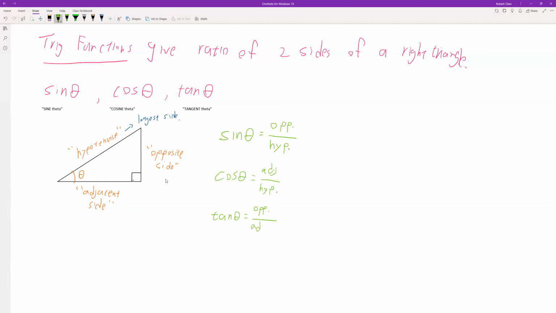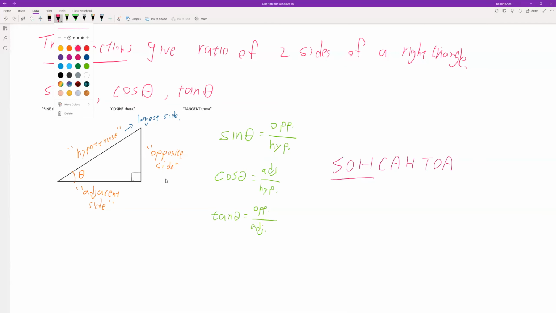Now, many of you might know a way to memorize this, SOHCAHTOA. So the first three letters, SOH, mean sine is opposite over hypotenuse.